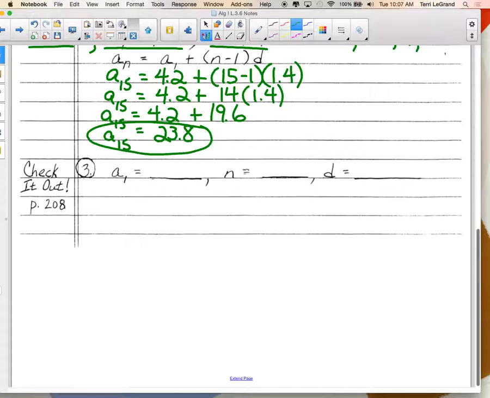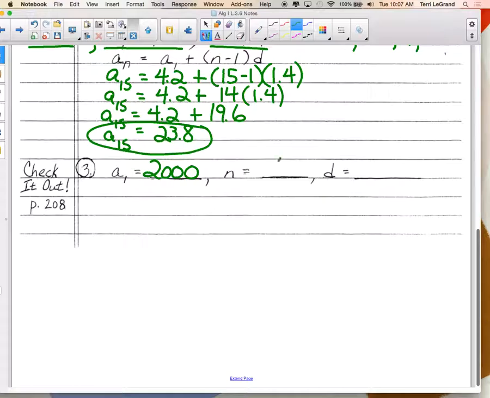When they started on this truck, how many pounds did it actually have on it to start with? 2,250. But in an arithmetic sequence, the first term will be whatever the case is. So our A sub 1 is the 2,000, the first term of our sequence.